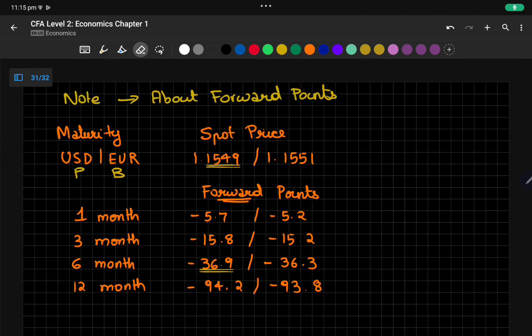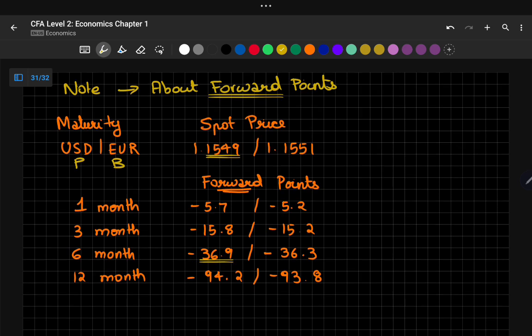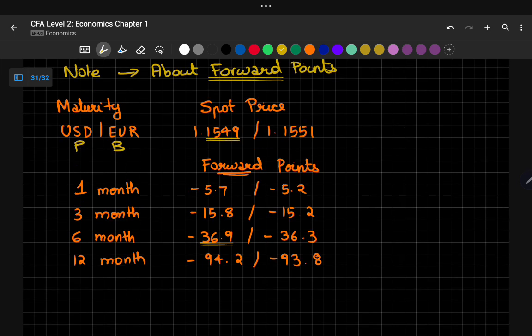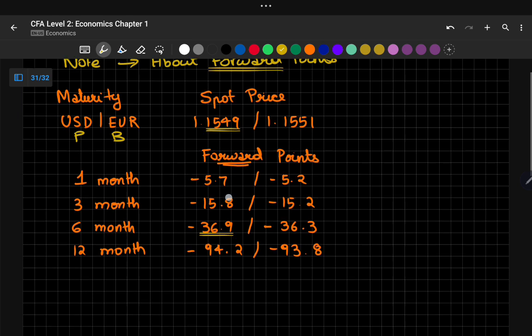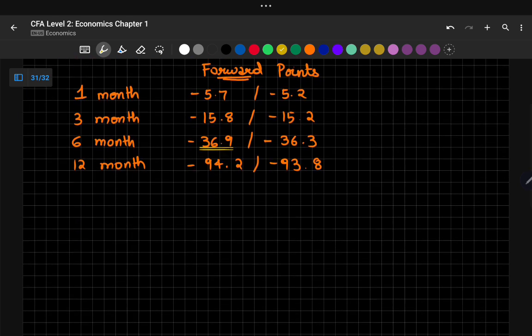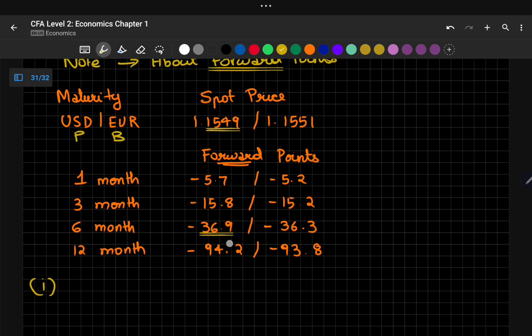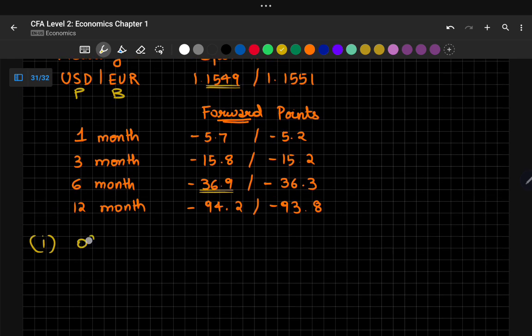Now there are a few points that we should note about forward points. We should remember about forward points. Looking at this table, we can derive some points. The first thing we can understand is the offer price.